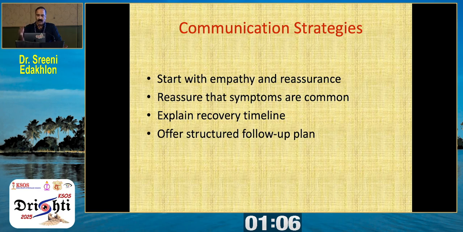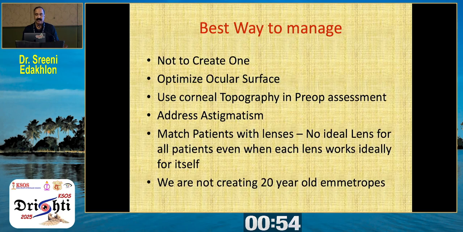So sir talked about communication. You have to start with empathy and reassurance, reassure that the symptoms are common, explain the recovery timeline, offer a structured follow-up plan as I explained. But the best way to manage is not to have a dissatisfied patient. I can't explain better than what Minu did in his presentation, address astigmatism, match.